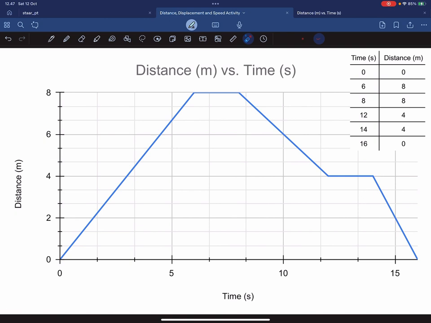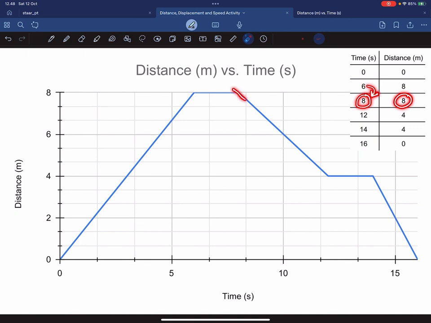So you started at 0 seconds and 0 meters, and then you took 6 seconds to walk to 8 meters. And that will be this point right here. Then you stood still for 2 seconds, from 6 to 8, and didn't move forward at all.